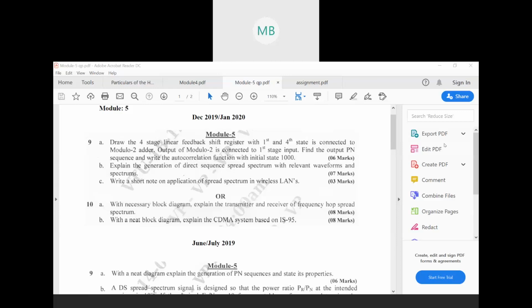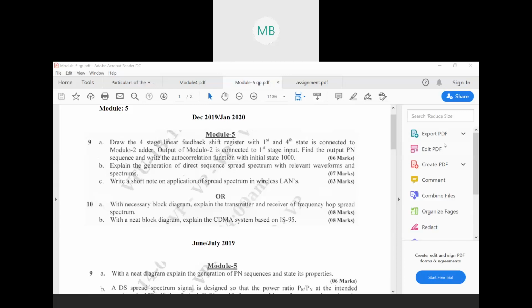Difference between direct sequence spread spectrum and frequency hop spread spectrum. In direct sequence, it is BPSK modulation. Okay. You can give the difference with respect to the modulation, right? BPSK here.